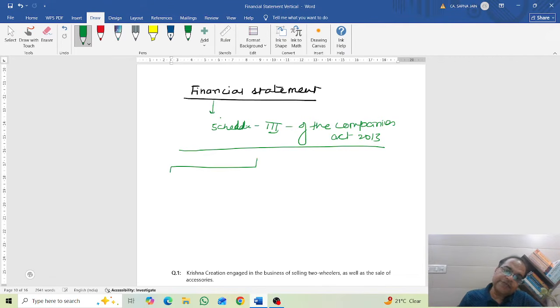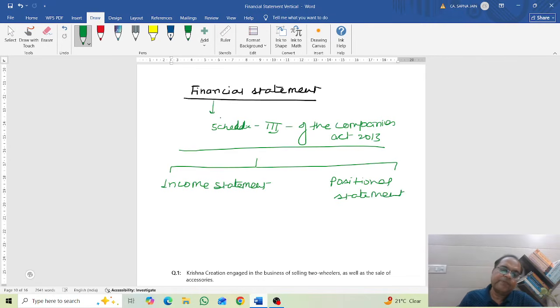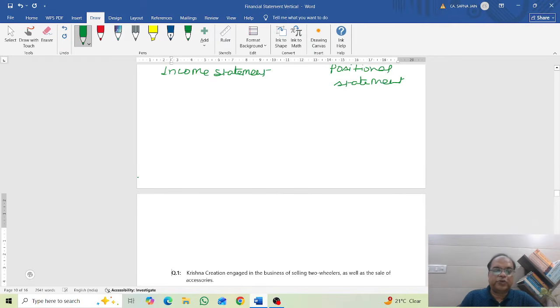Under the financial statement, now we will prepare two types of statement. Number first is the income statement, and number second is a positional statement. Under the income statement, we will prepare a statement of profit and loss account.